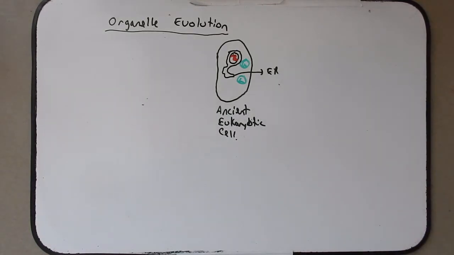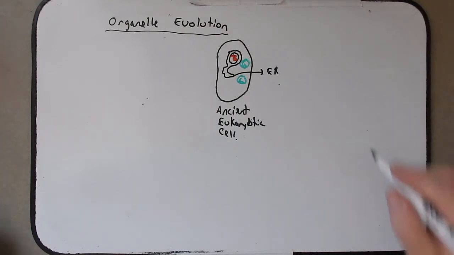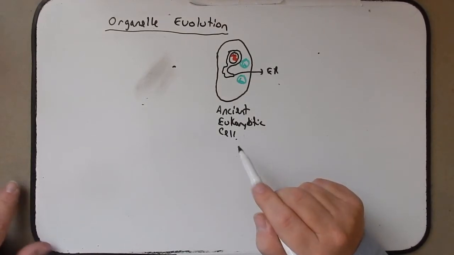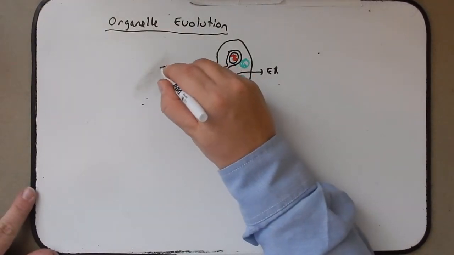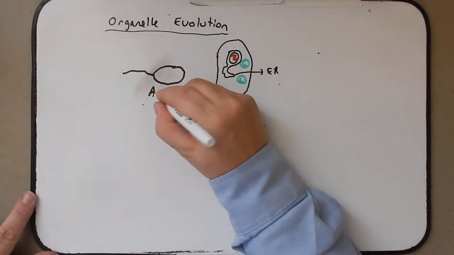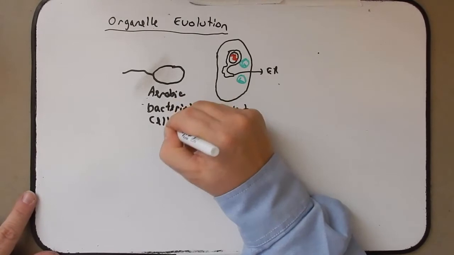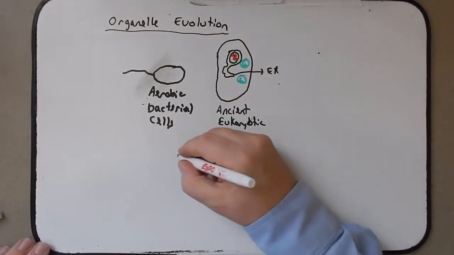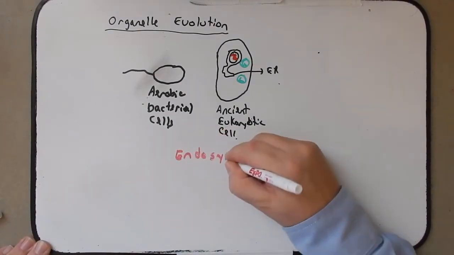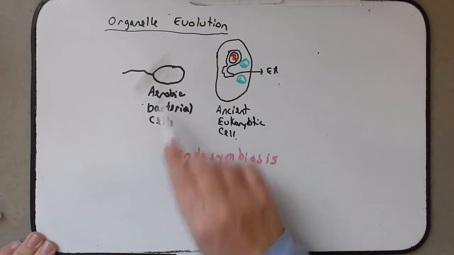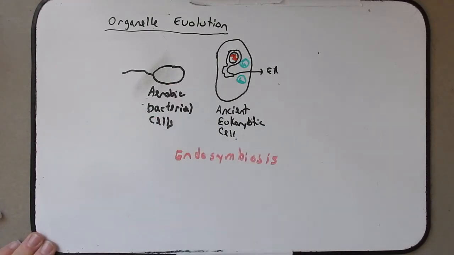So how would this ancient eukaryotic cell have survived in this increasing concentration of oxygen? It turned out there were some aerobic bacterial cells that survived in the presence of oxygen and used oxygen. During an event that we refer to as endosymbiosis, this ancient eukaryotic cell engulfed this aerobic bacterial cell.